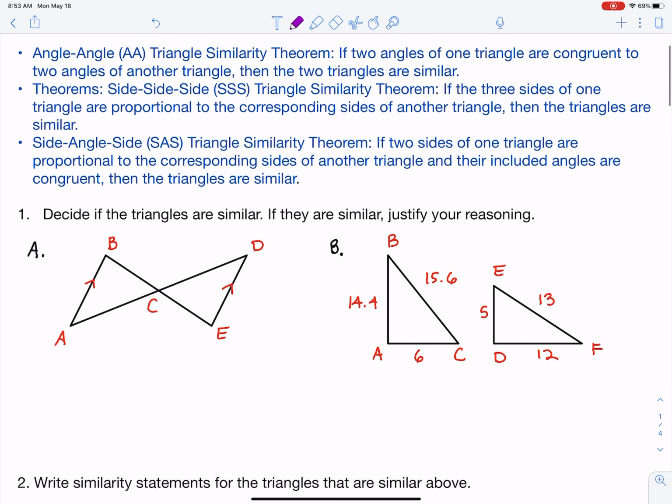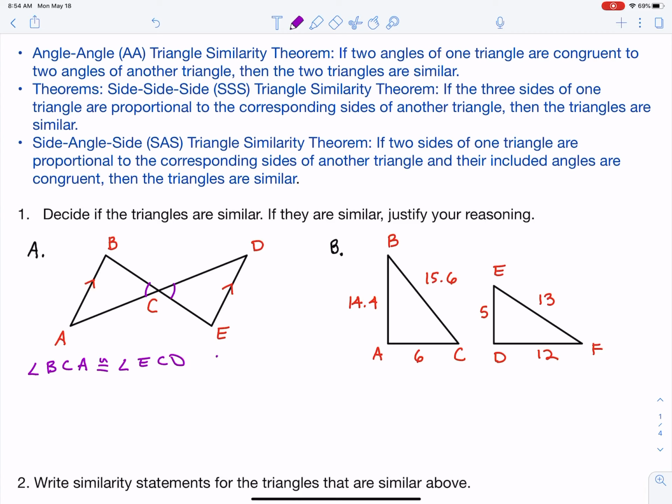Notice I know these 2 angles right here. Okay, I know that angle BCA is congruent to angle ECD.